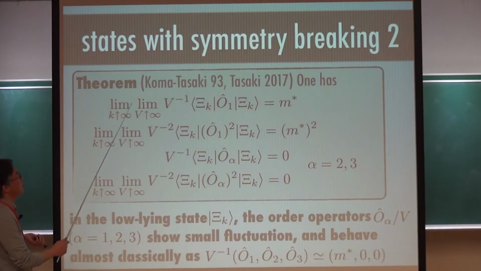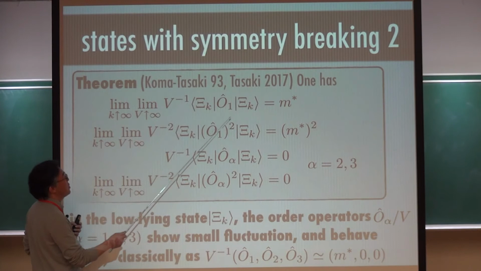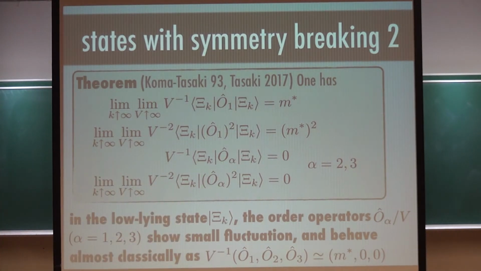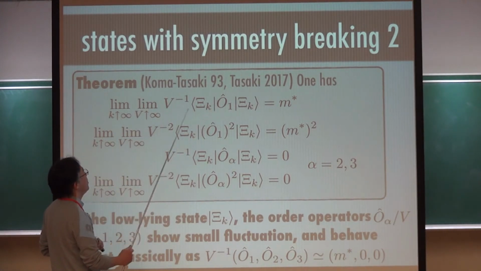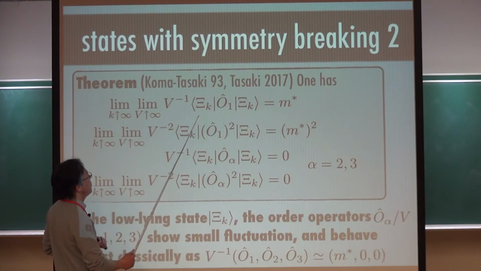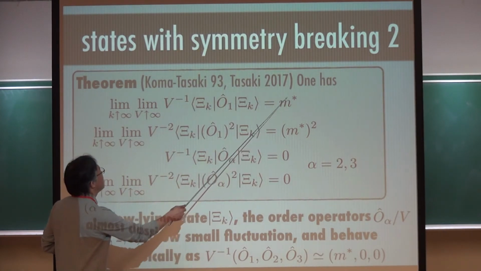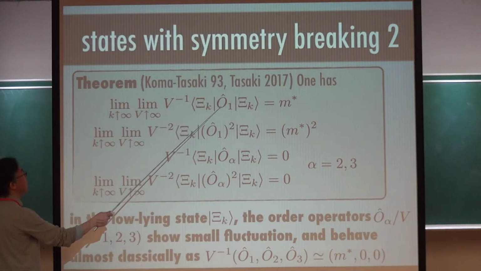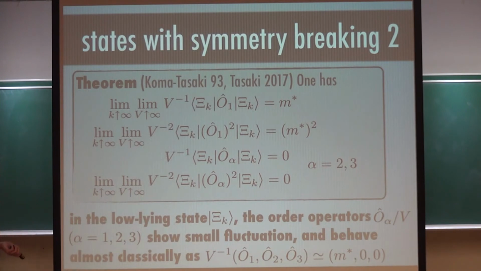Again, the order is important: I first let V go to infinity, and then let K go to infinity, using this state. Then I get the maximum possible value for the length of O1. So in this limit for large V and large K, this psi has the largest possible order as measured by O1 divided by V.